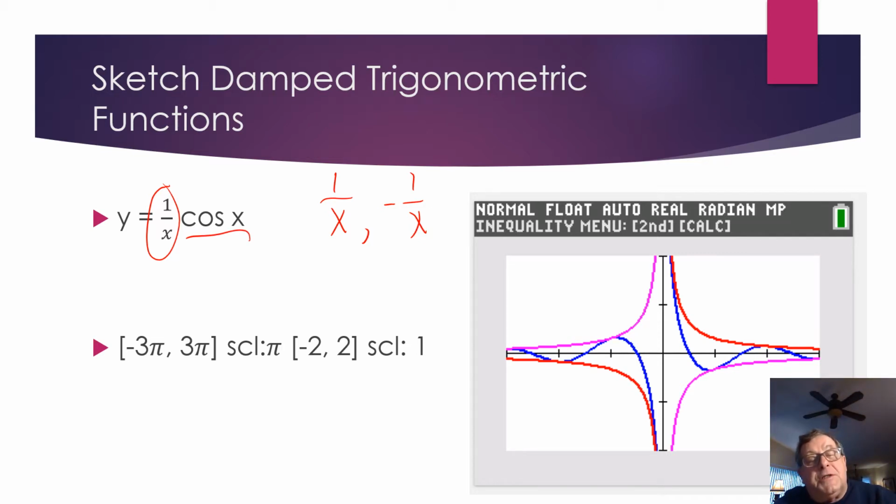Now this time, here's the scale that I used in my window. I set the x minimum at -3 pi, the x maximum at 3 pi. We had a scale of pi. And then on the y-axis, we had y minimum of -2, y max of 2, and a scale of 1.